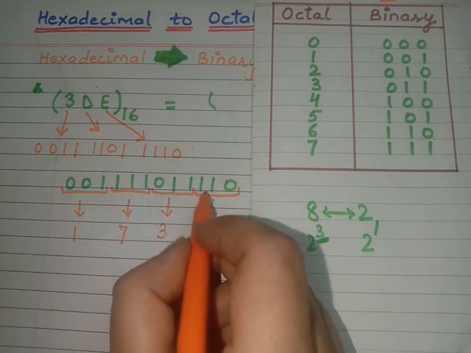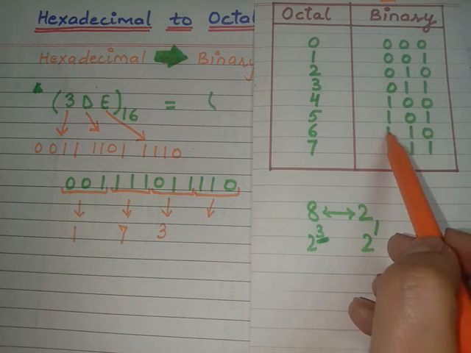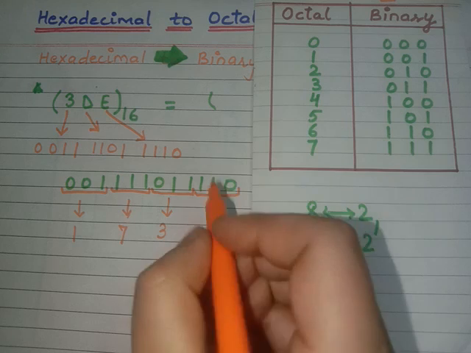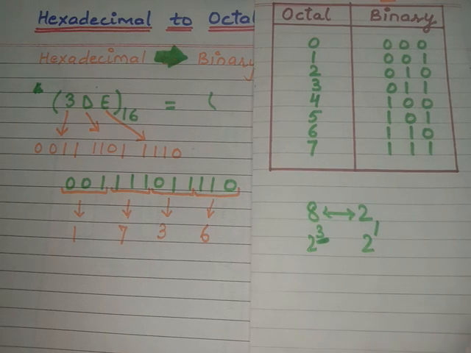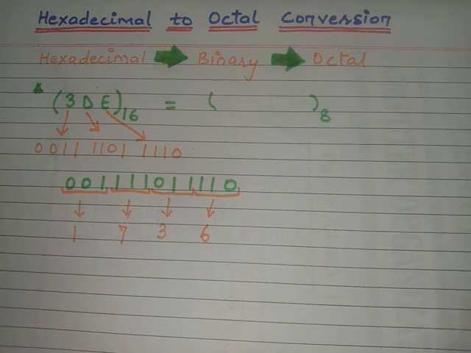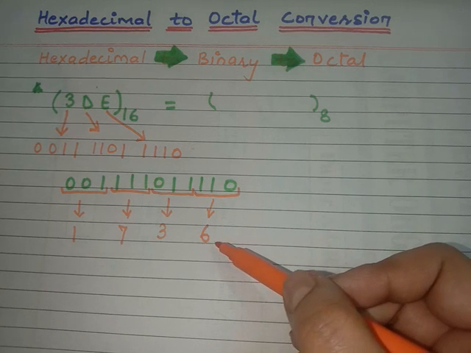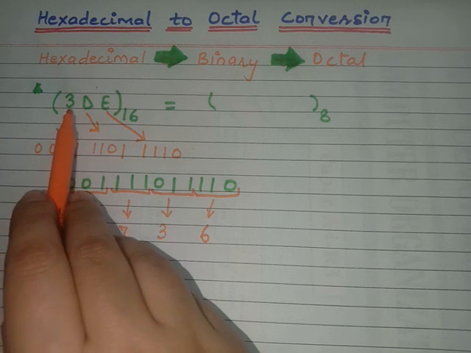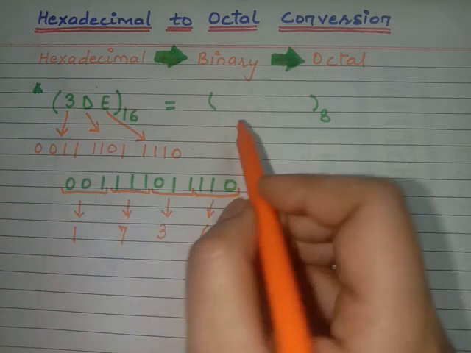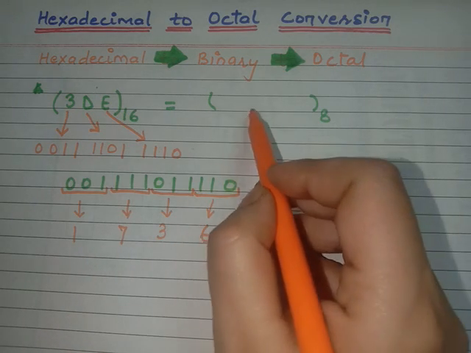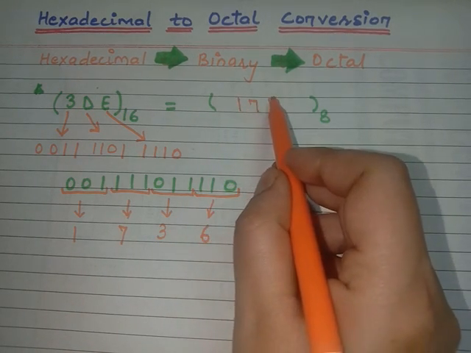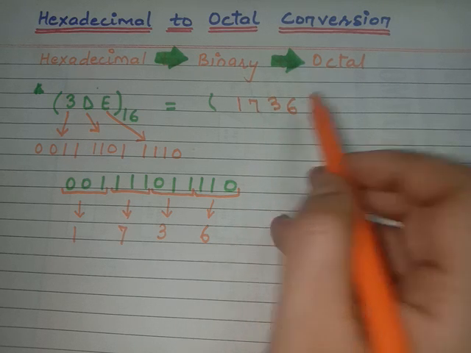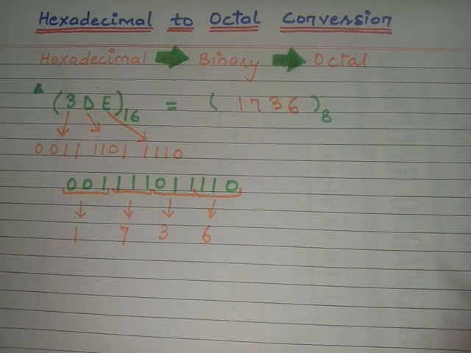And the next is 110. Now this 110 represents 6. So I will be writing here 6. So I have now converted this binary number into the octal number. So this hexadecimal number 3DE will be equal to 1736 in octal, right?